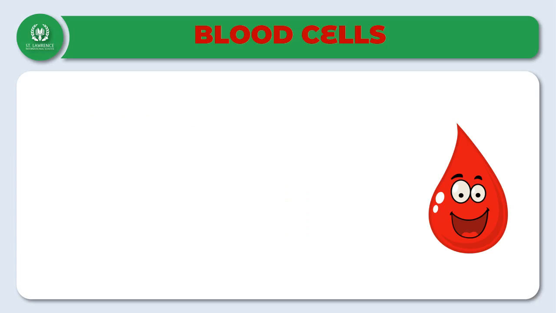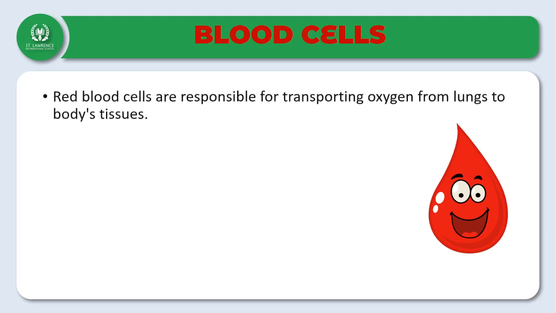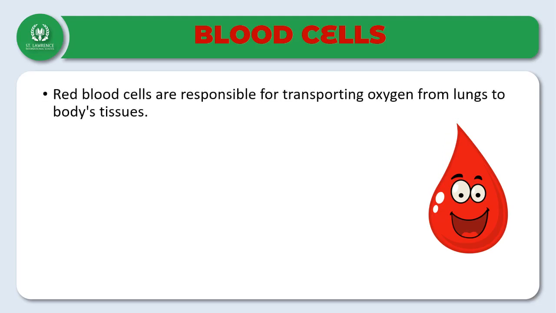Now, learning about the red blood cells. So what are these red blood cells, or they're also called as RBCs? They are responsible for transporting oxygen from lungs to body tissues. Children, these red blood cells carry oxygen from lungs to all the parts. Now when we breathe in oxygen, the oxygen is present in the lungs, right?